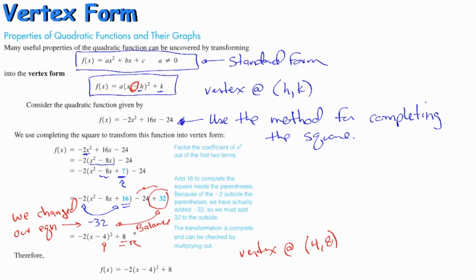And this goes along with what we've said earlier with translations, that the value inside of the parentheses gives us the opposite result than we expect, and the value outside the parentheses gives us the result we do expect. So the +8 will be interpreted as a +8, the -4 would be interpreted as a +4 because it's inside parentheses.